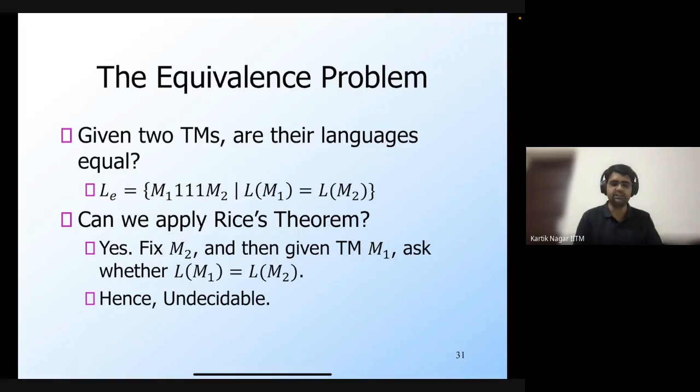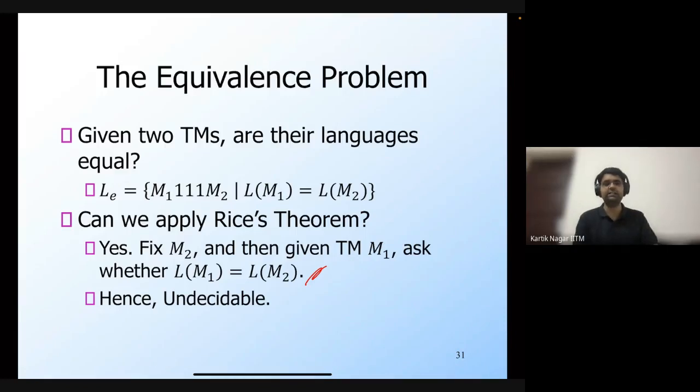So now we can reduce this problem, where we fixed M2, to the problem LE, the equivalence problem. Because if the problem LE is decidable, which means that for any arbitrary M1 and M2 there is an algorithm which says whether or not language of M1 is equal to language of M2, then I can use that algorithm to solve this problem as well, where we are fixing M2.